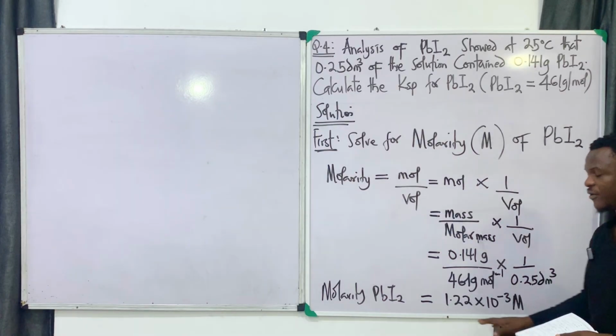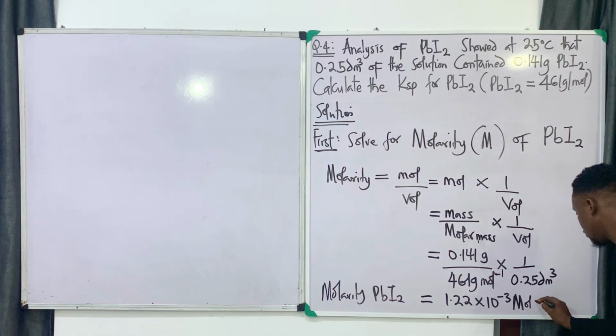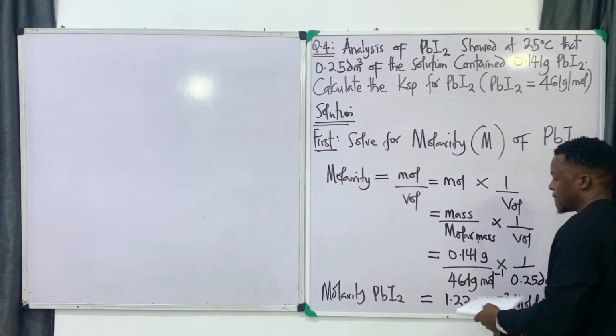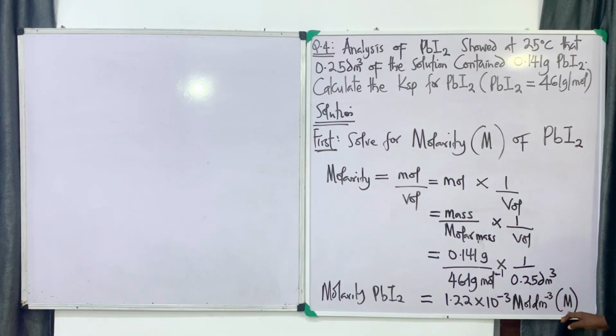Class, what we are solving now is molarity. This is same thing as saying mole per dm cube, which is the same thing as molar.